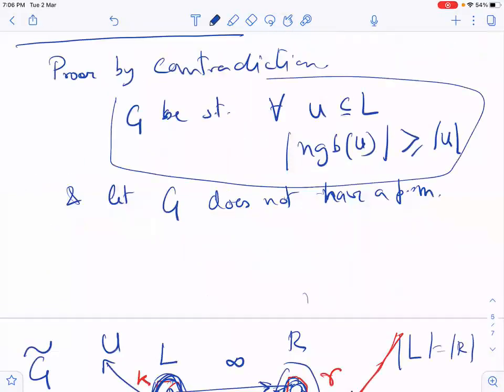That is a contradiction with what the initial statement was saying.